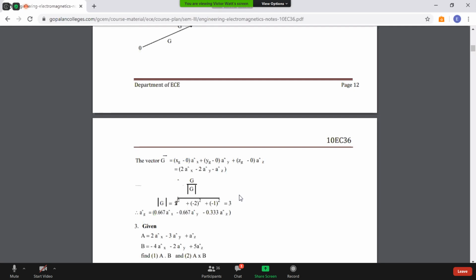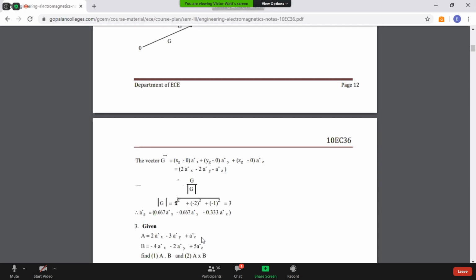Right? So the unit vector would be vector G divided by the modulus. This divided by 3 gives 0.667 ax minus 0.667 ay minus 0.333 az. All on board?